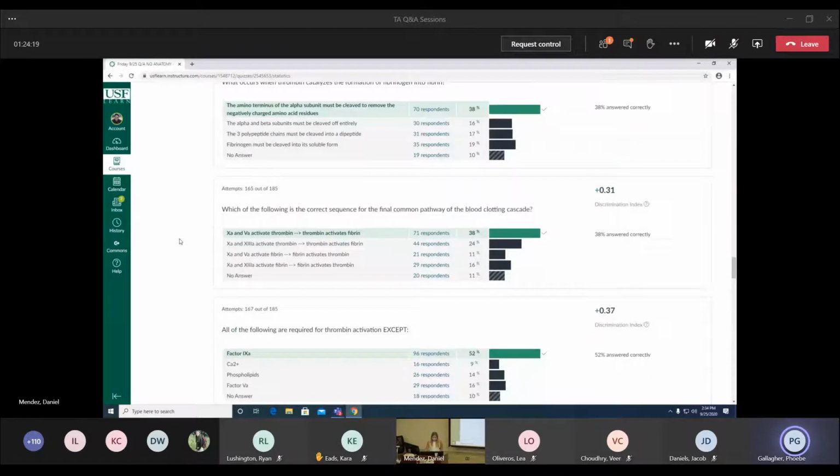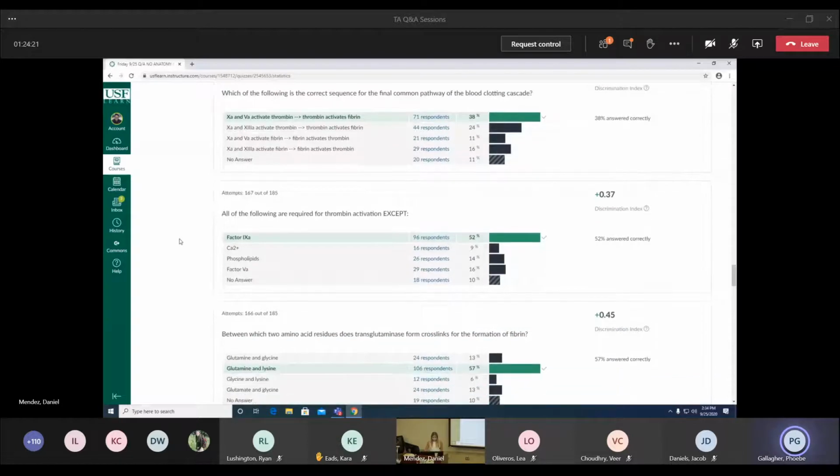Okay, the question after that is, all the following are required for thrombin activation except. This is just your prothrombinase complex, so it's those 4 things that you have to memorize. So factor 9 is the correct answer because it is actually factor 10 that's part of the complex, not factor 9. All of the rest of them are true, so you'll have calcium, phospholipids, and factor 5 that are part of this complex.